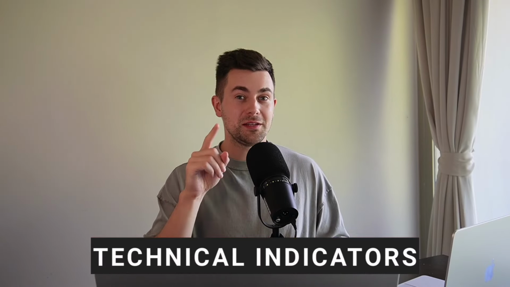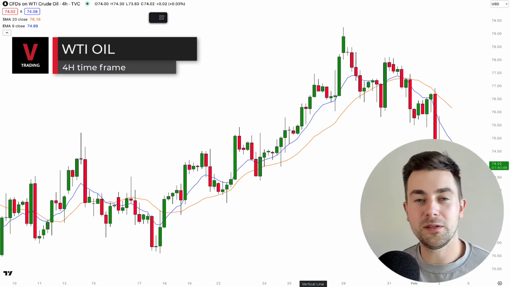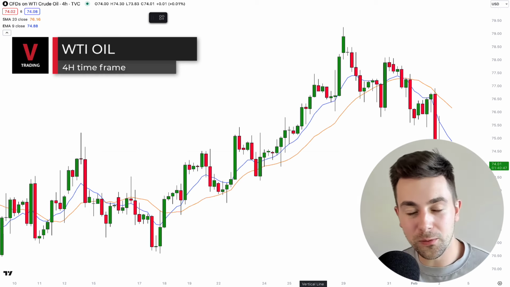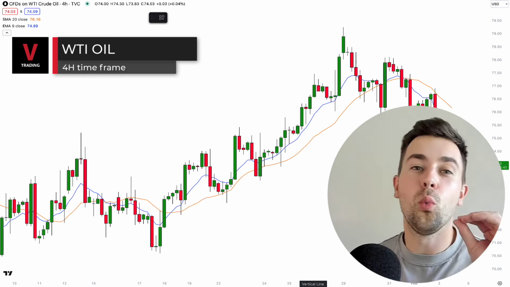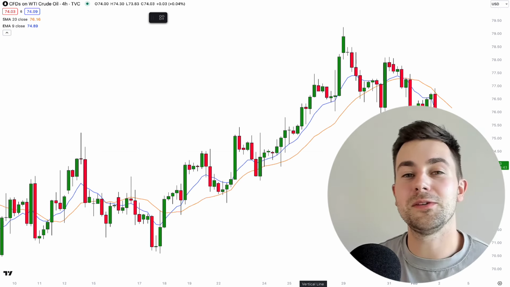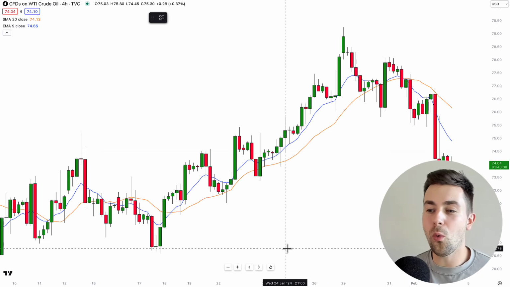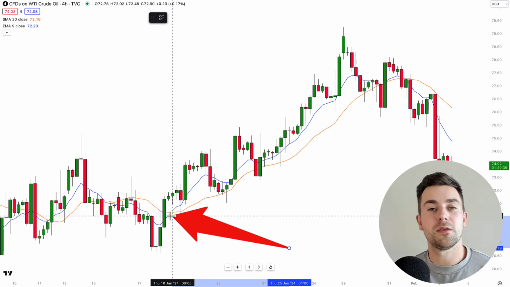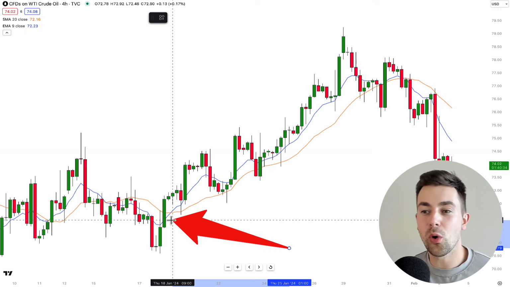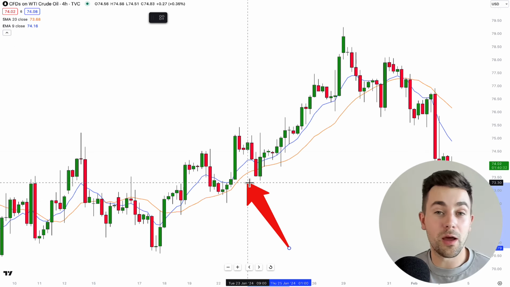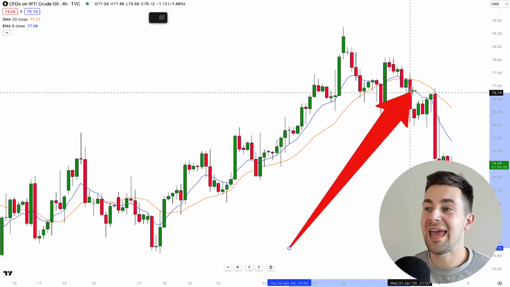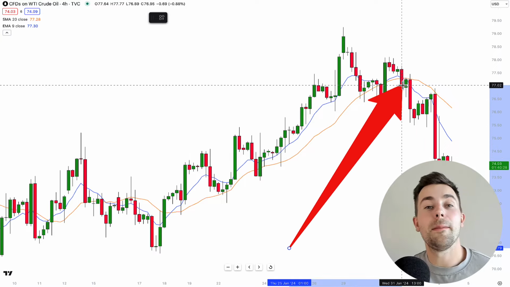Type of confirmations number 4. Technical indicators. There are a lot of different indicators that can be applied as bullish or bearish confirmations. One of the examples is the application of two moving averages. The crossover of two moving averages, the simple and the exponential one, can give you a very reliable bullish signal and a very strong bearish signal.